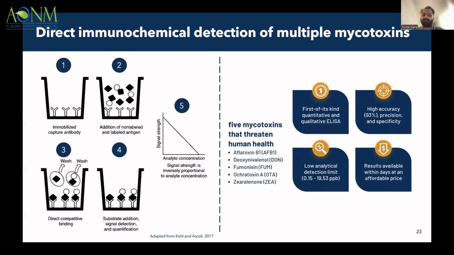But if it is not, then it means that there is not detectable mycotoxins in the serum. So the mycotoxins that we focus on are aflatoxin, DON, FUM, OTA, and ZEA. As you would remember from my previous slides, these are the main suspects usually when we are dealing with mycotoxin detection. And we have 93% accuracy and also very low analytical detection limit.